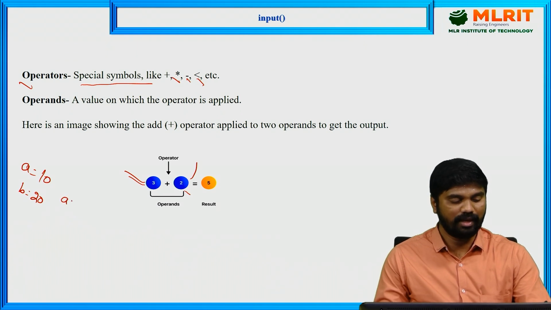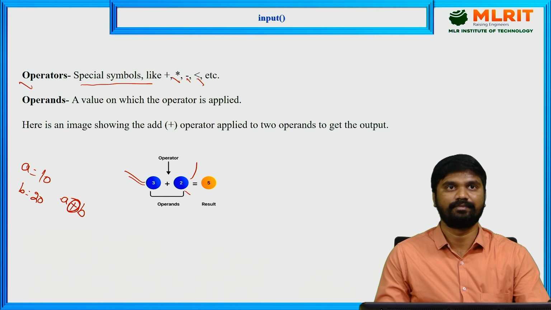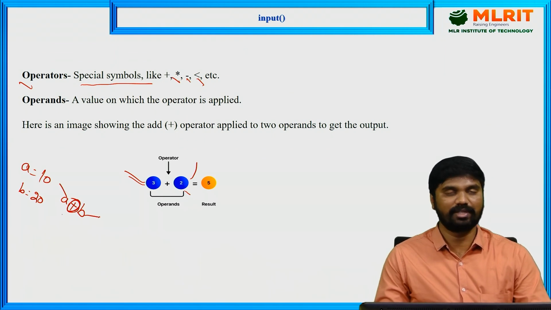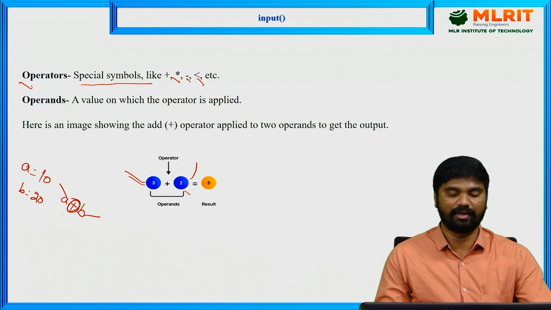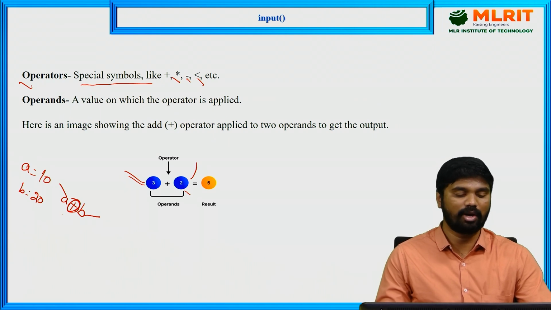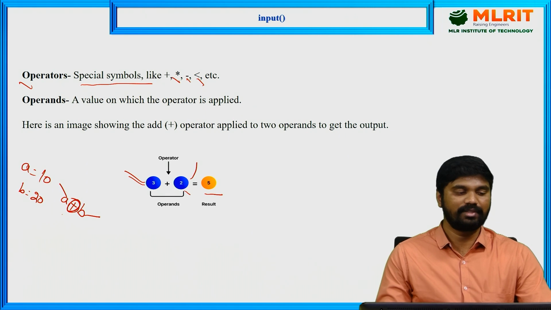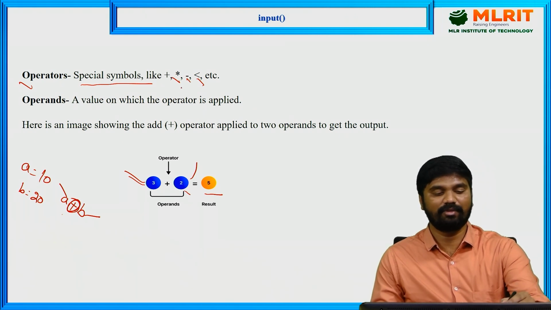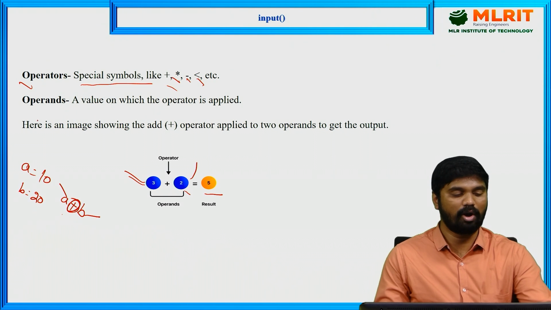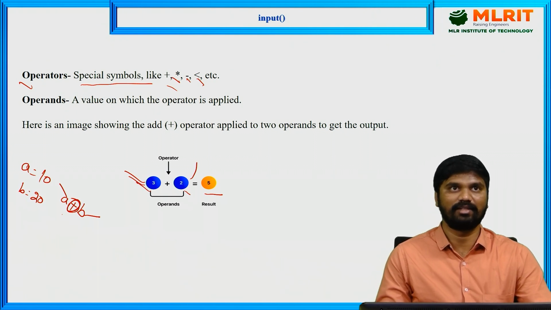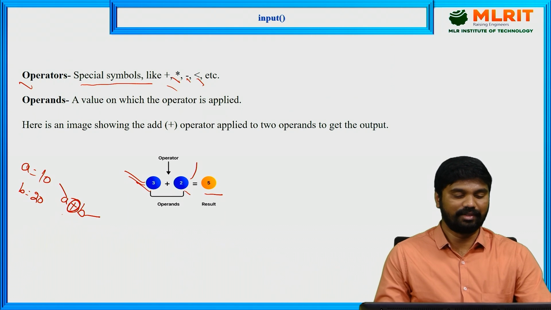Now A plus B. Whenever we perform some operation, these two variables are called operands, and then we get the output, that is the result. So operators are represented by symbols, and operands are the values or variables.